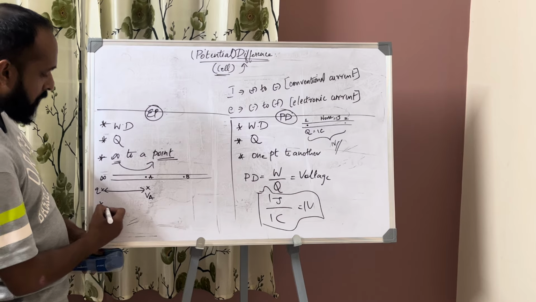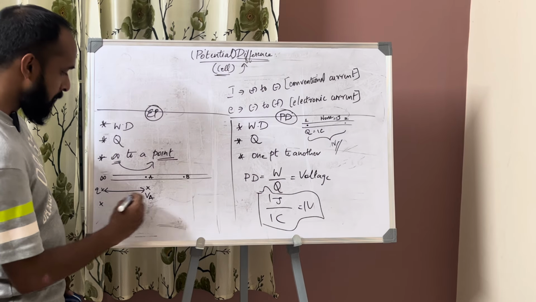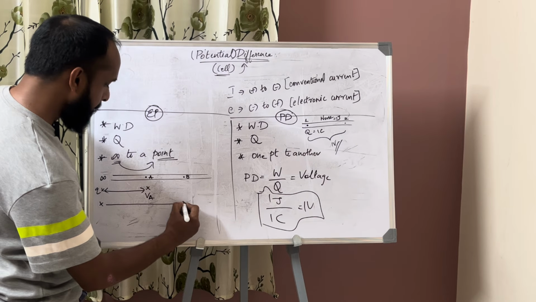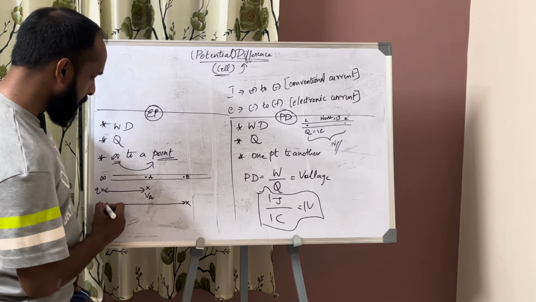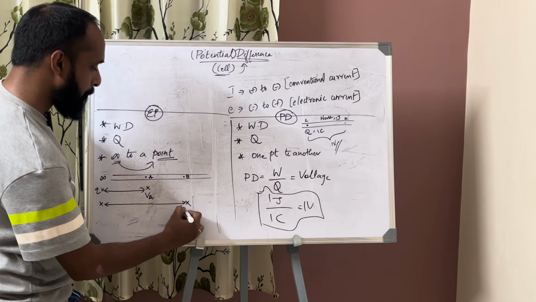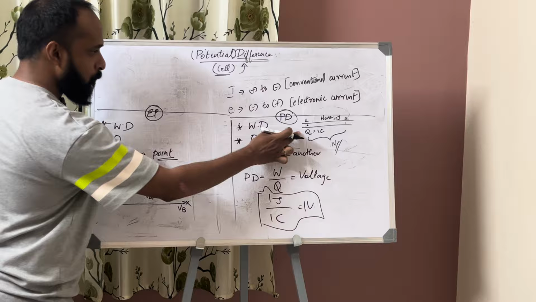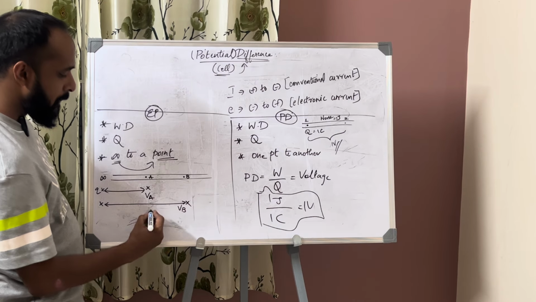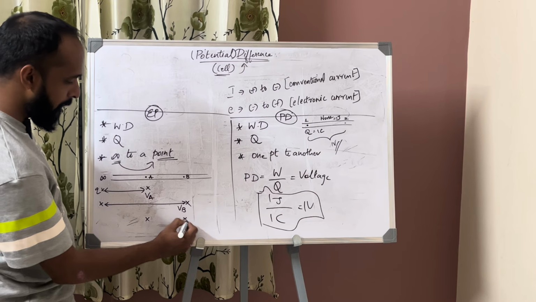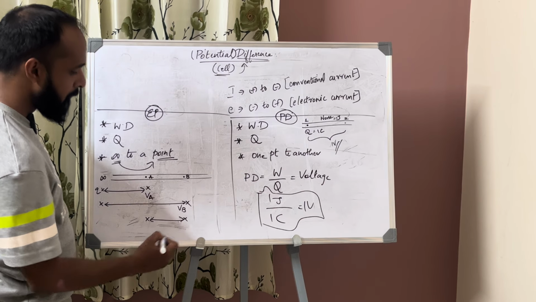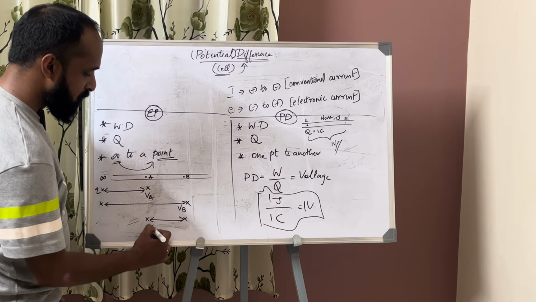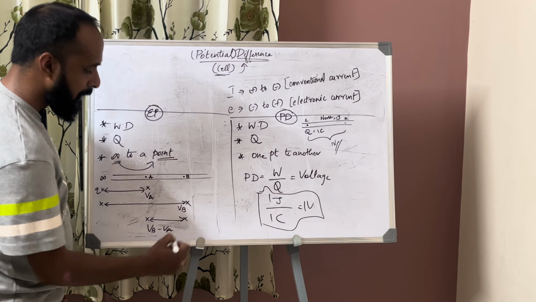Similarly, whatever work I do in carrying the same charge from infinity to B would be called the potential at B. Clear? So if I'm talking about potential difference from A to B, I just have to find the difference, which can be written as potential at B minus potential at A.